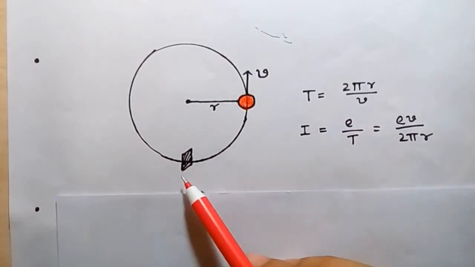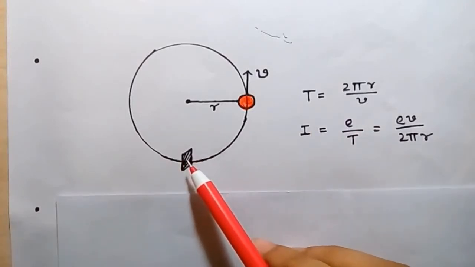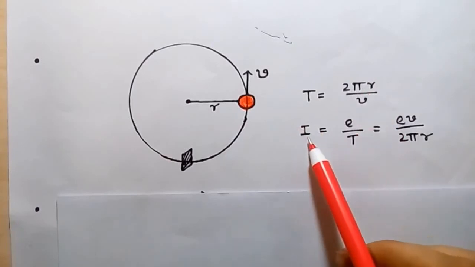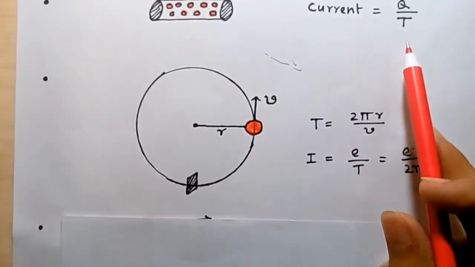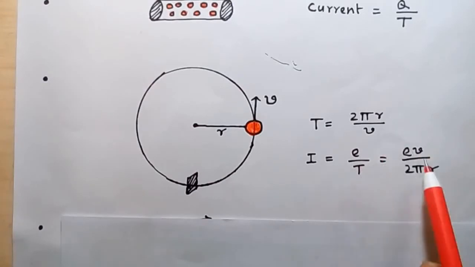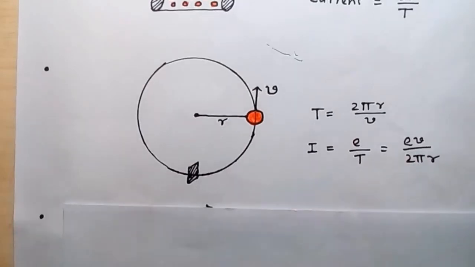Now if we imagine an area here and the electron goes through this area once in time 2 pi r by v, the current is the same as q by t, that is the charge of the electron divided by the time it takes to revolve around once. So e divided by 2 pi r by v, the current turns out to be ev by 2 pi r.